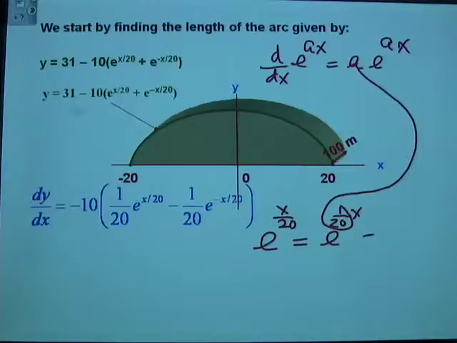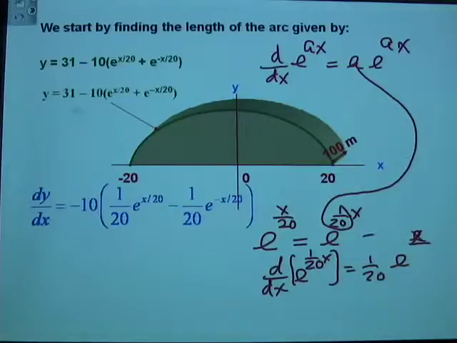So if you find the derivative of this, d by dx of e to the power of 1 over 20x will be 1 over 20 e to the power of 1 over 20x, or x over 20.